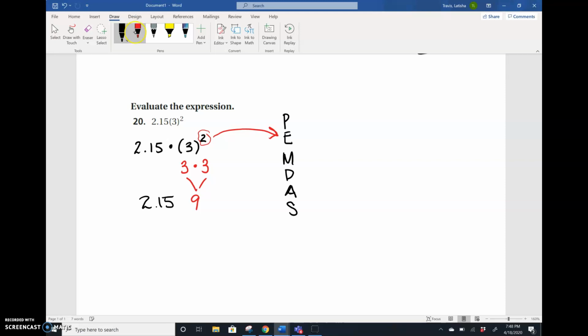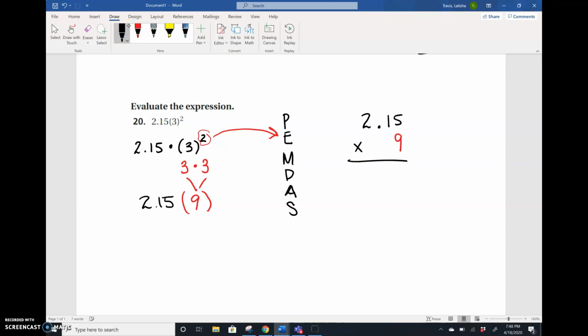And we are multiplying these, so don't lose your parentheses, okay? So you remember that we're multiplying. I'm just going to multiply by hand really quickly. The next step is to take our 9, which is the answer to 3 squared, and multiply it by the 2.15. So we have our 2.15 times 9.